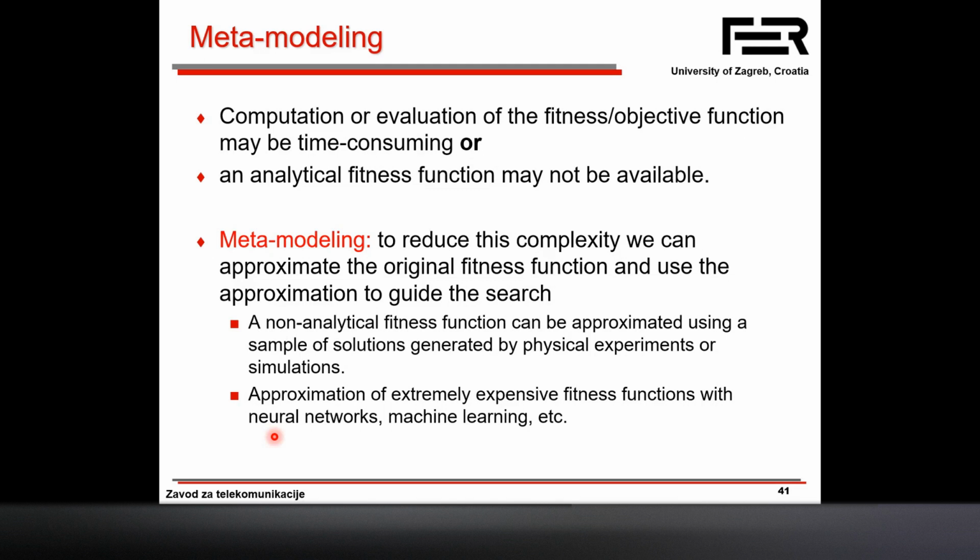So just so that you've heard of this concept, meta modeling refers to simply approximating this original function, making it simpler to speed up the process and guide the search. Of course, this function can be more or less complex, and that will impact the time in evaluating the actual fitness function.